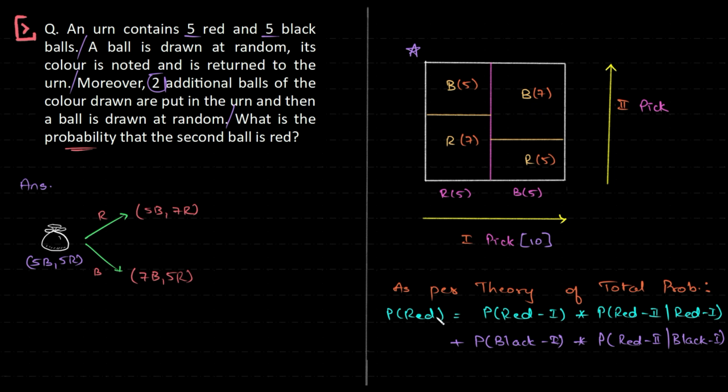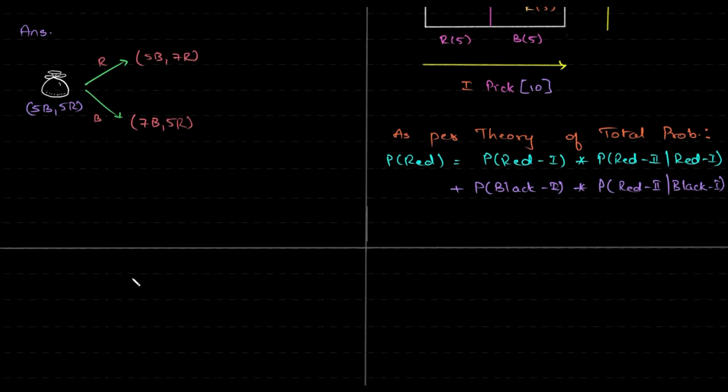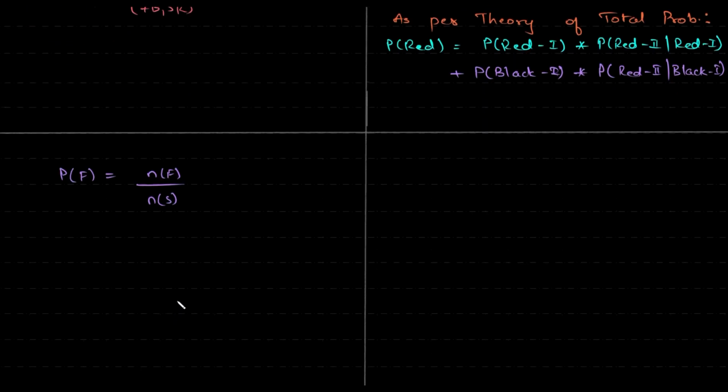And now as per the theory of total probability, we have probability of red equal to probability of red in the first row, and so on. So all we have to do now is make use of probability of our favorable event, which is the number of outcomes in a favorable event divided by the number of elements in the sample space.